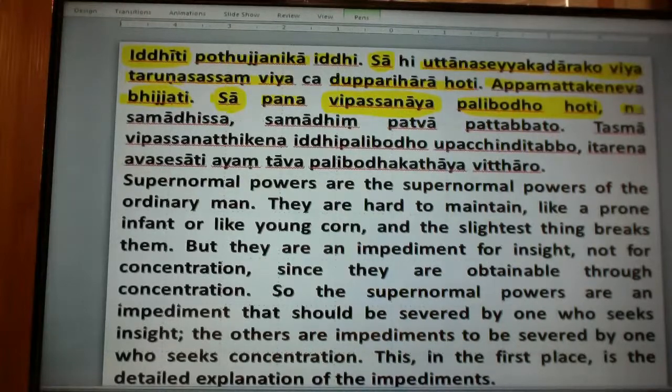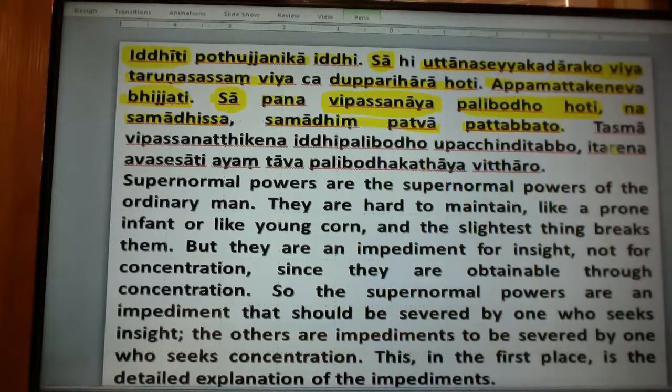Now, na samadhissa. It means that for the person who practices tranquil meditation, samatha, it is not an impediment, because the supernormal power comes from samadhi. So samatha is okay, no impediment. But for vipassana, for one who wants to practice insight meditation, it is an impediment. Samadhi patva pattabhavato, because the supernormal power is obtained by the practice of samatha, tranquil meditation.